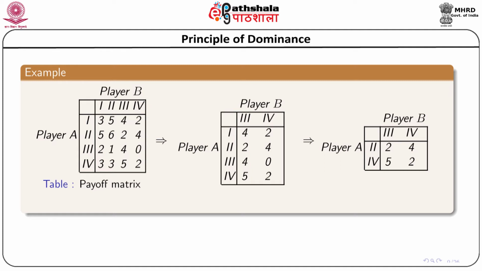Again, in this revised pair matrix, we see that rows 1 and 3 are dominated by row 4. So, rows 1 and 3 can be deleted, and thus we ultimately get a pair matrix in 2 by 2 form.